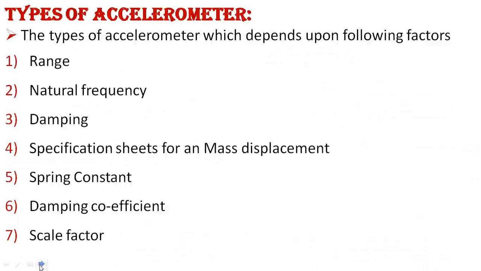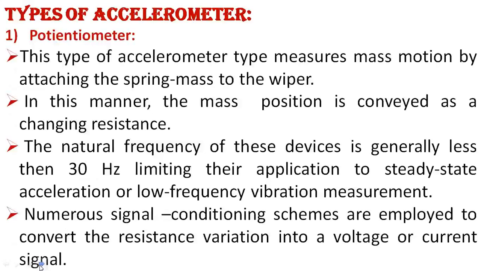The type of accelerometer depends upon the following factors: range, natural frequency, damping, specifications such as mass, displacement, spring constant, damping coefficient, and scale factor. First is the potentiometer. This type of accelerometer measures mass motion by attaching the spring mass to the wiper.